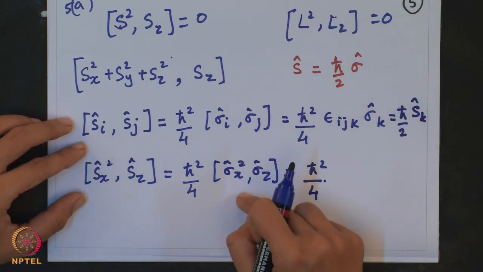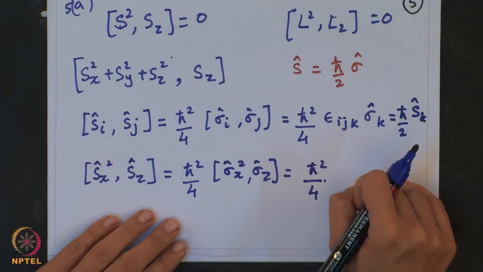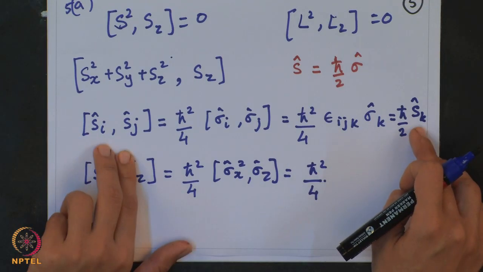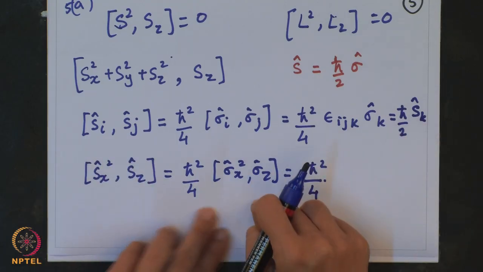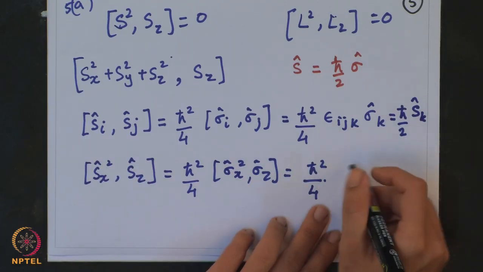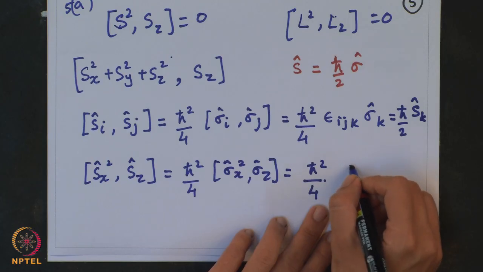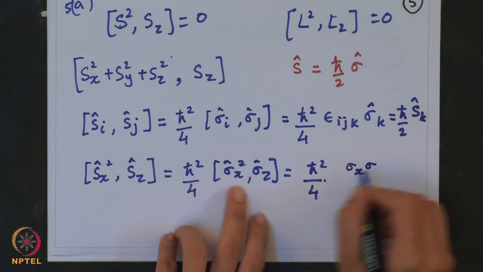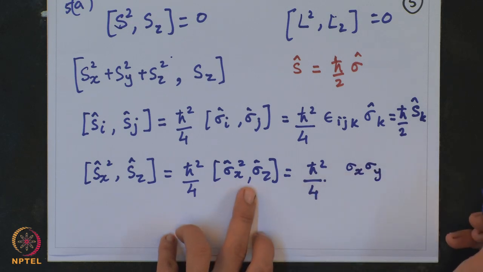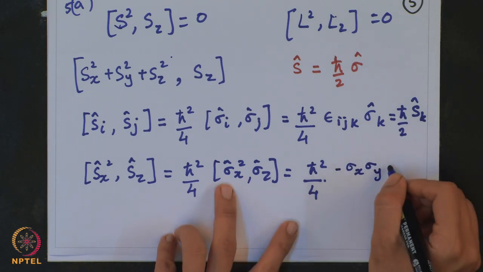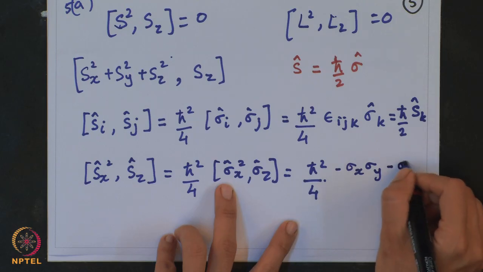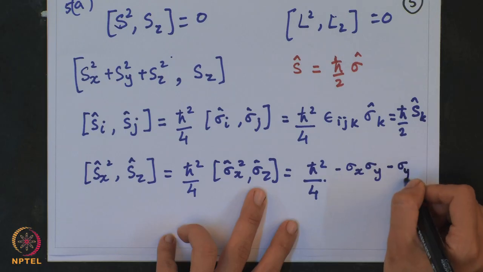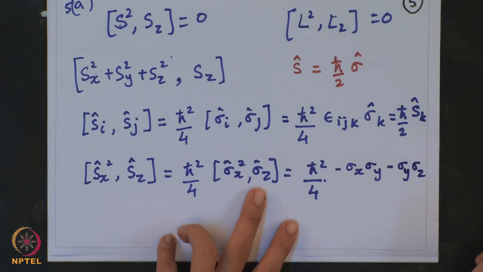So, either you substitute for this and check the result, or you keep these in terms of S notation if you know the commutator of S. So, if I substitute for this, I can rewrite this as sigma x sigma y minus sigma y sigma x, and for the y part, this will be y sigma z.